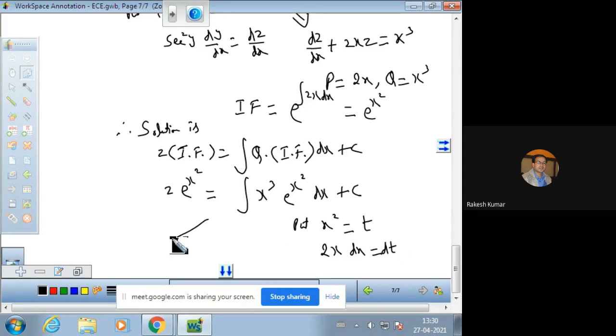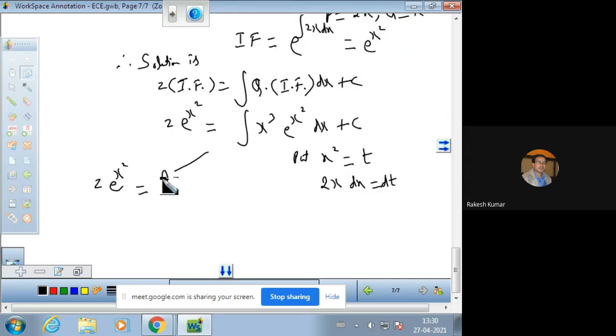And this can be written z e raised to power x square is equal to, by using this substitution, x square will be t, e raised to power t, and 2x dx is equal to dt, so that will be dt over 2, plus c.